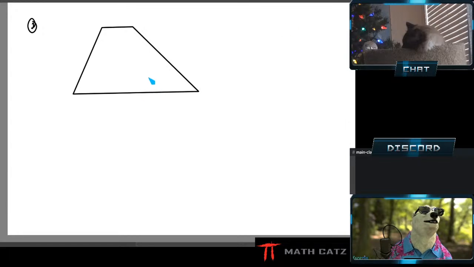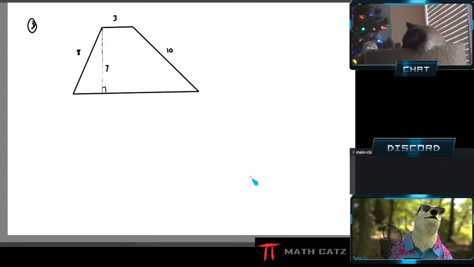We have some side lengths, 8, 10, and we have this down 7, so perpendicular down.